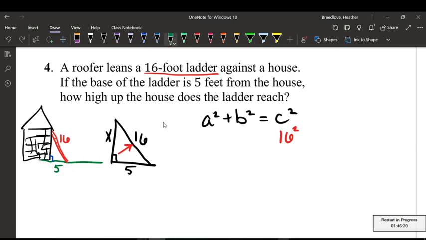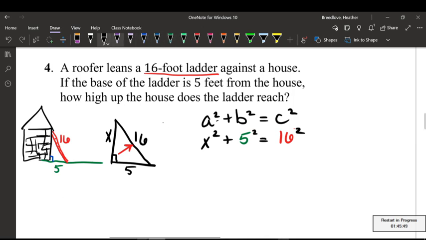So I'll just make that B. And I don't know what a squared is. So I could either plug in an x or I could leave it as a. It doesn't matter, whichever one you're more comfortable with. So I'm going to make it x. It's the height up the wall that the ladder reaches is x squared.